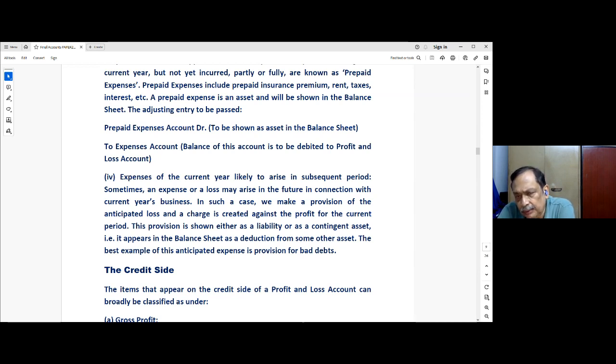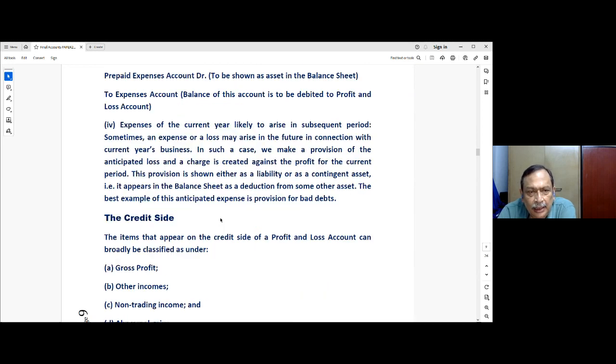This provision is shown either as a liability or as, please mind the word, a contingent asset. It is not an asset, but it will be an asset. The happening of the same is dependent upon certain future events, which is uncertain. That is called a contingent asset. That is, it appears in the balance sheet as a deduction from some other asset.